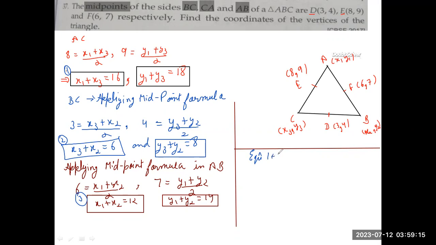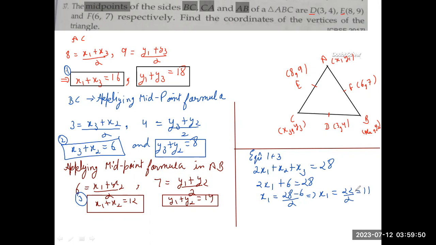So 2 of x1 plus x2 plus x3 is 16 plus 12, that means 28. From equation 2, I can substitute x2 plus x3 as 6. So 2x1 plus 6 equals 28. So x1 is 28 minus 6 by 2, or 22 by 2, which is 11.